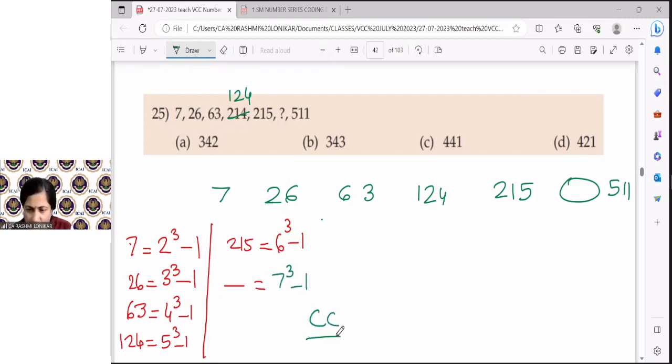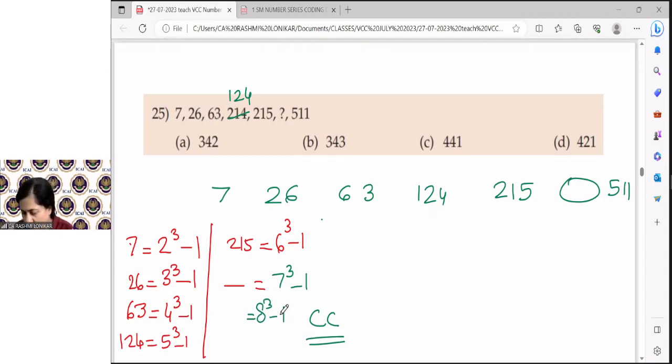And then I need to cross check whether what I'm doing is correct or not. I will see 8 cube minus 1. How much is 8 cube? 8 into 8 is 64. 64 into 8 is 512. So it is 512 minus 1, which is equal to 511.